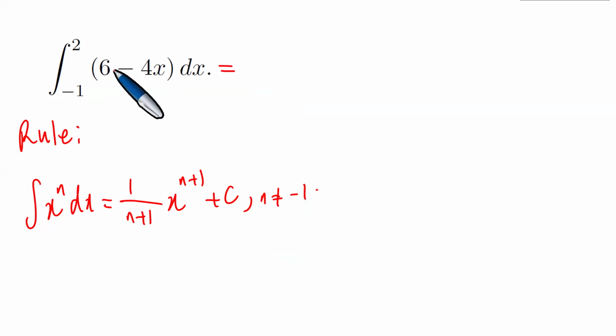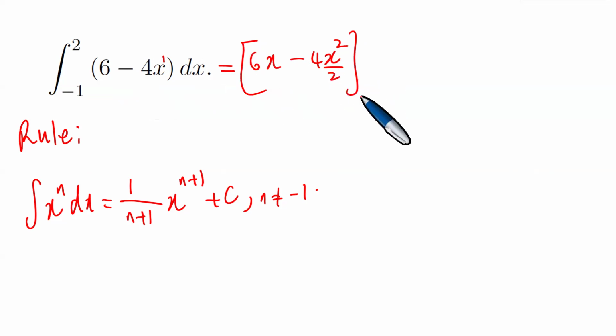So the integral of 6 is clearly 6x, and then we put minus 4x to the power 1; adding 1 and 1, we get 2, over 2. And this integration is carried from minus 1 to 2.